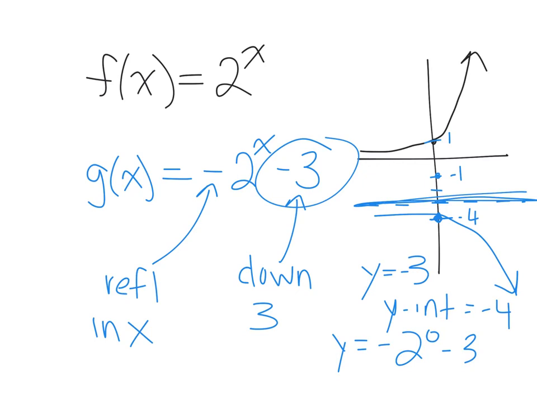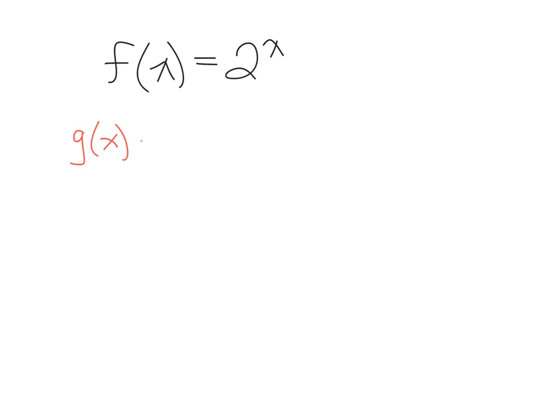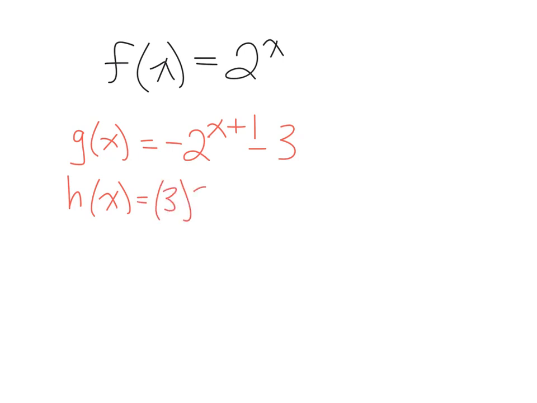Okay, so here's some practice ones you can try. If you watched this super long, boring video, then give these a try. So we'll start with just an original function 2 to the x, because it's the easiest. And I'll give you some that you just have to describe. So try describing what's happening to these. So negative 2 to the x plus 1, minus 3, and let's do h of x equals 3 times 2 to the 2x minus 1.